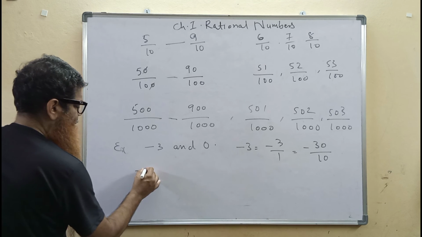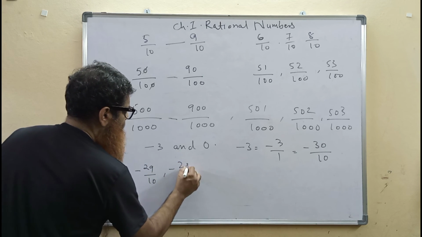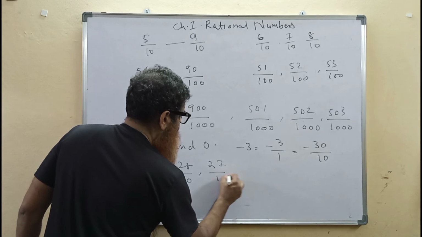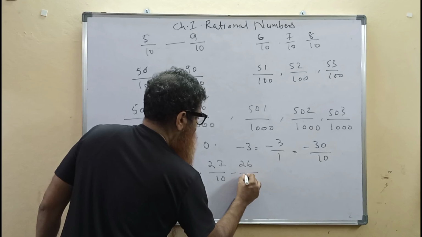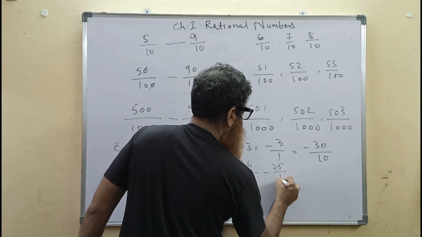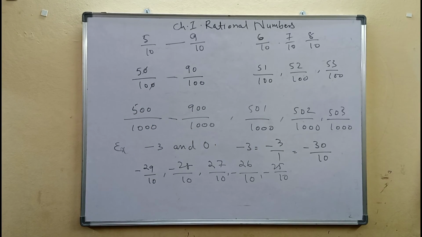So we can write -29 by 10, -28 by 10, -27 by 10, -26 by 10, -25 by 10, and so on in between -3 and 0. We can take any 5 of these.